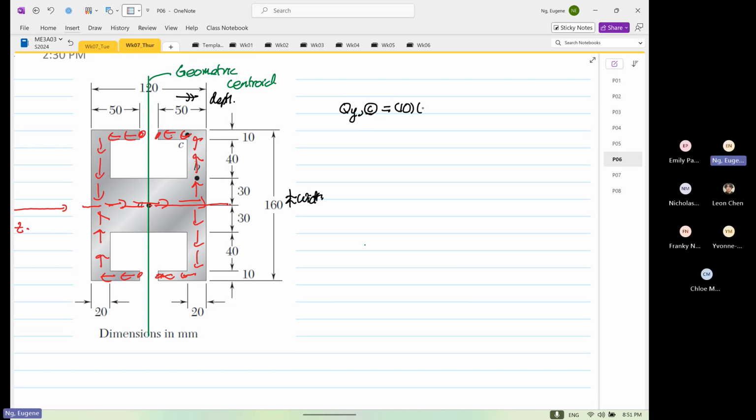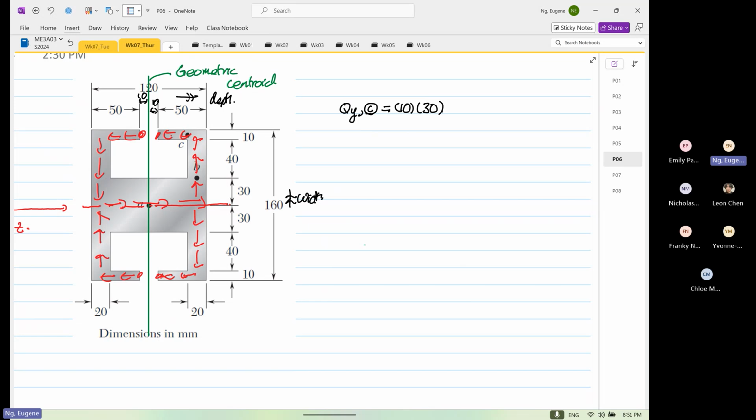The depth is equal to 30. If this is 50, then down here to here, this is 10, so this is also 10, okay?